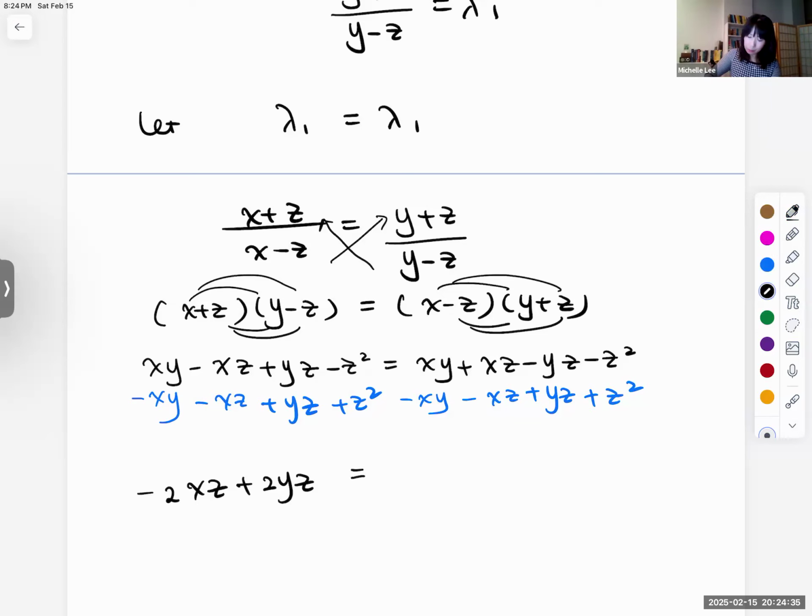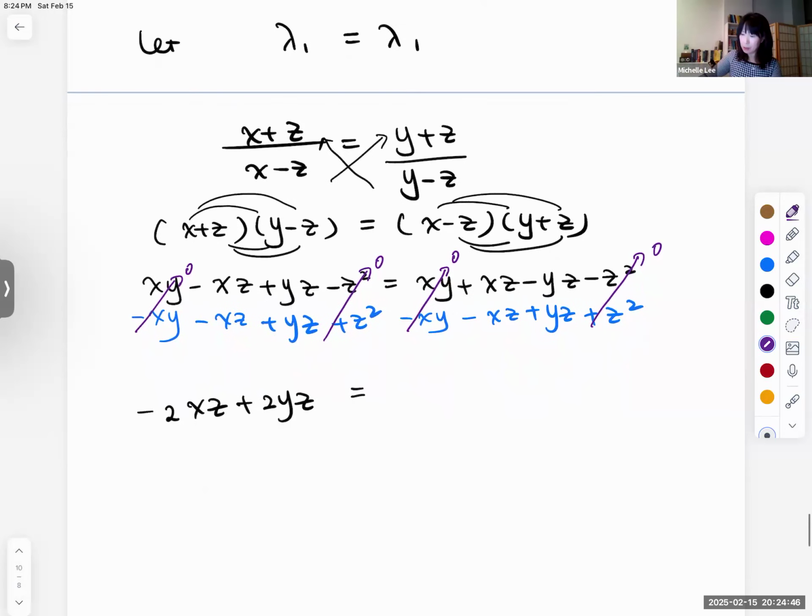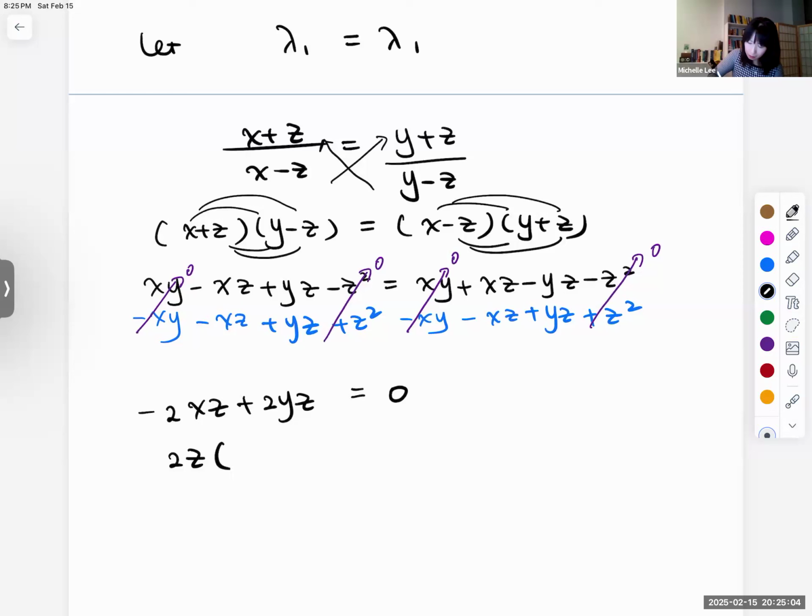So the right side is equal to 0, right? All right. 2z is common, so let's make 2z times negative x plus y equal to 0.